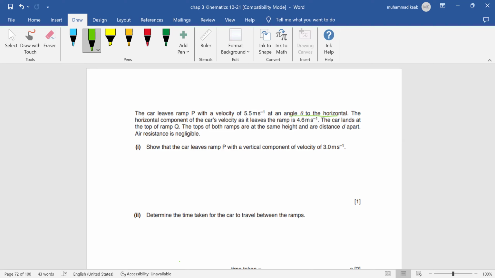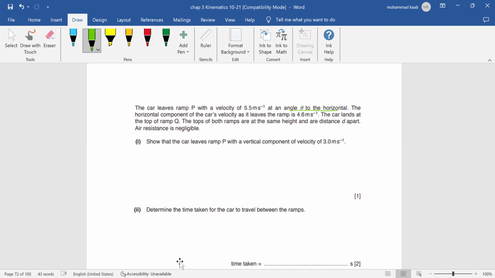The horizontal component of the car's velocity as it leaves the ramp is 4.6 m/s. The car lands at the top of ramp Q. The tops of both ramps are at the same height and are distance d apart. Air resistance is negligible. Show that the car leaves ramp P with a vertical component of velocity 3.0 m/s.